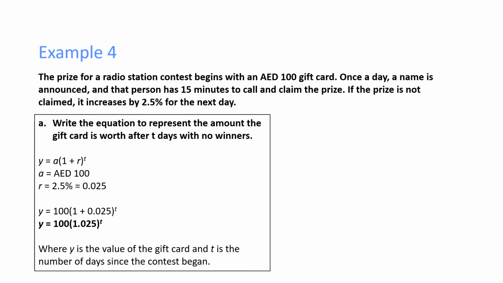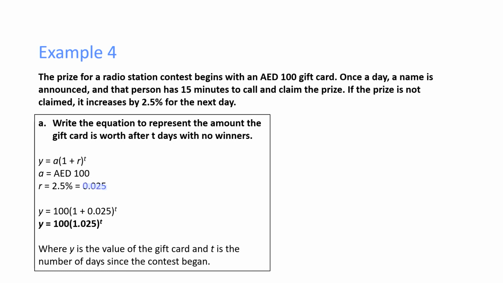So to write that as a general equation, we start off with y equals a times (1 plus r) to the power of t. We know that a, the initial amount, is 100 dirham, and we know that the rate that the prize increases by is 2.5%, which we need to express as a decimal, 0.025.